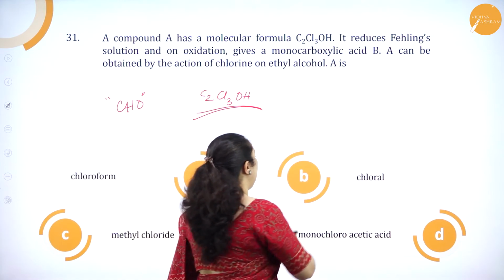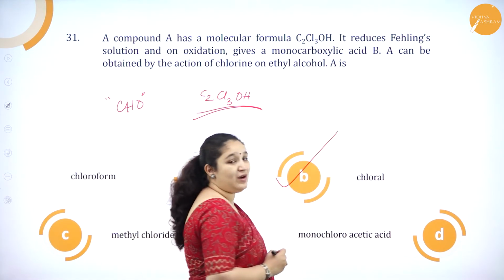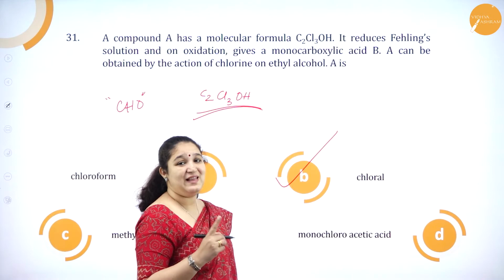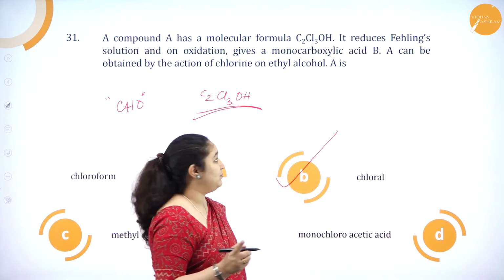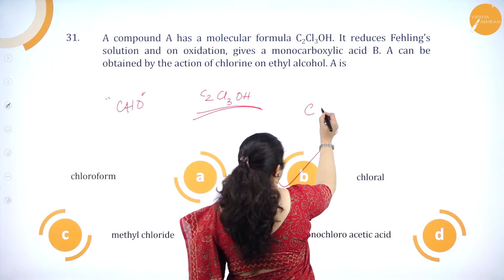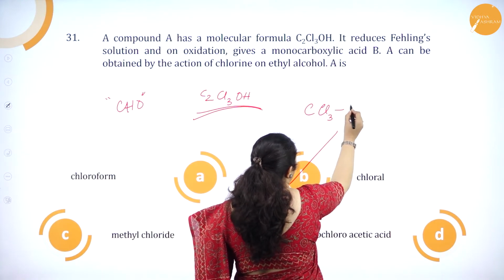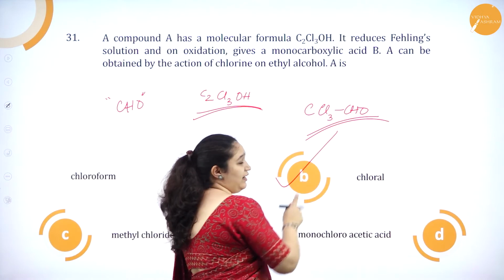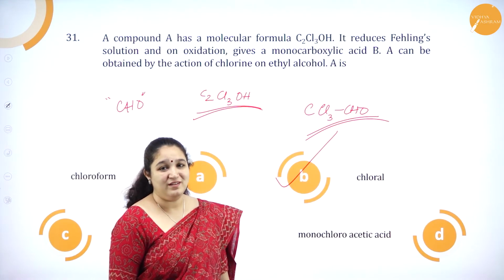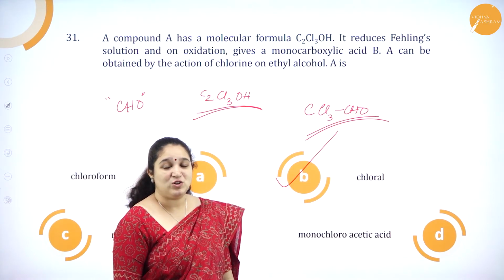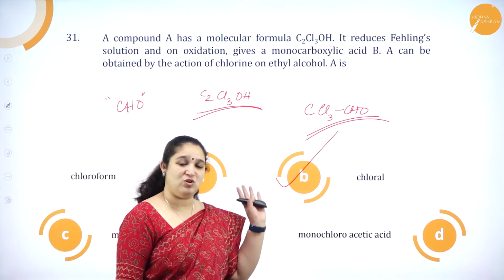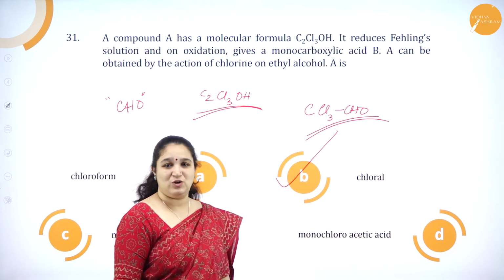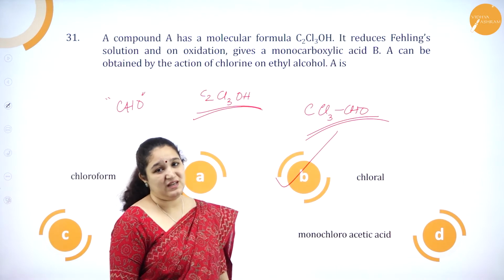So it should be chloral. Chloral is CCl3CHO. CCl3CHO is chloral, which contains an aldehyde group. Also here, on chlorination and oxidation of ethyl alcohol we can get chloral. So option B is the correct answer.